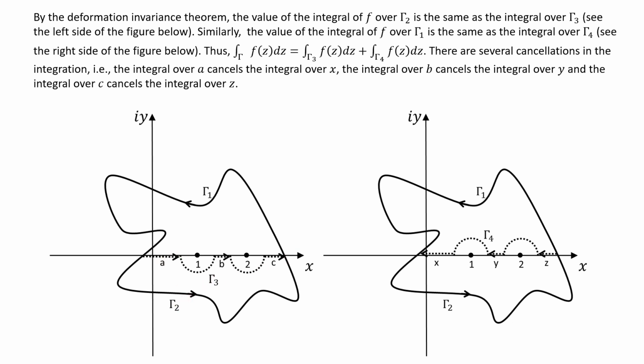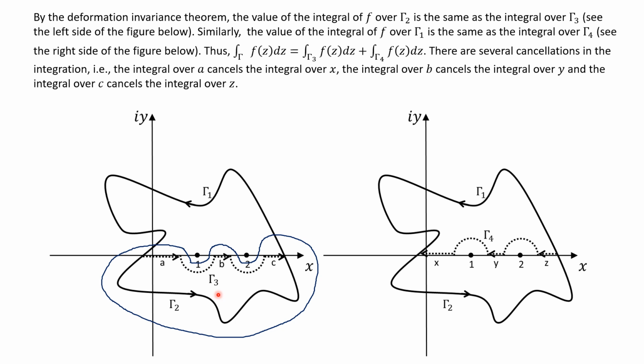And if we draw a domain where f of z is analytic and continuous, so basically a domain that excludes the two singularities but includes our two contours of interest, gamma sub 2 and gamma sub 3, then we know from a previous theorem that if f of z is continuous and analytic within this domain, then the integral over gamma sub 3 of f of z equals the integral over gamma sub 2 of f of z.